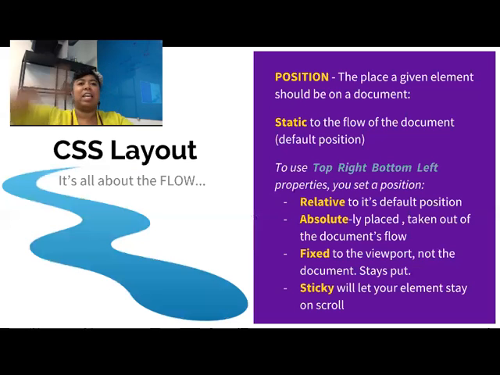So I'm actually taken out of the flow of the document and placed in an absolute spot. Sometimes that looks like absolute center. So you could say absolute where you're at 50% width of the page, something like that.